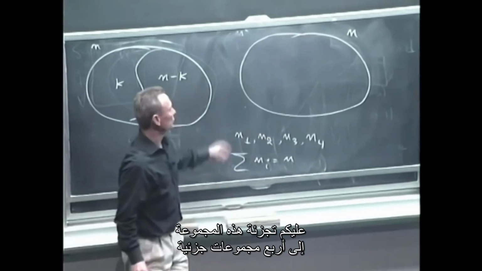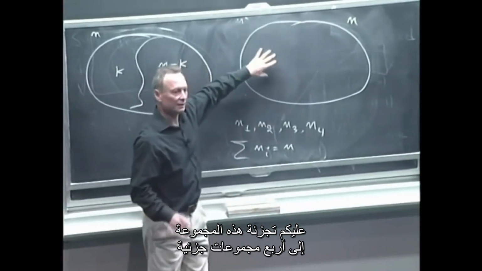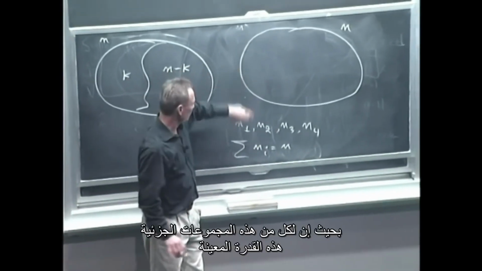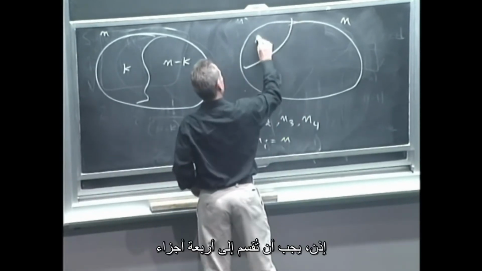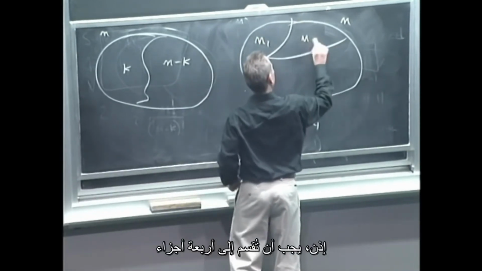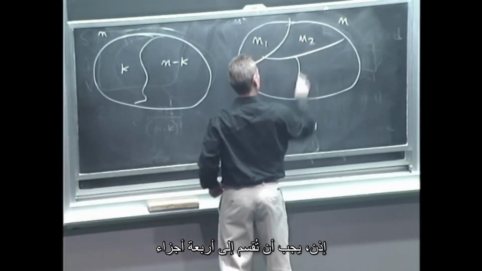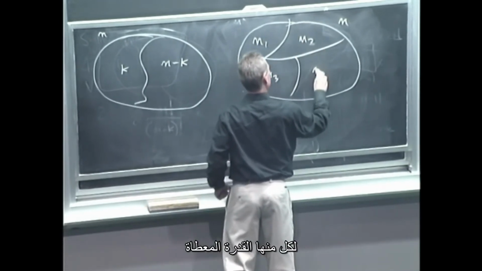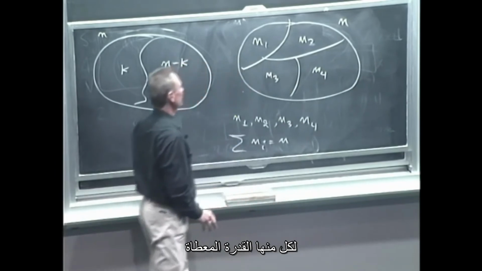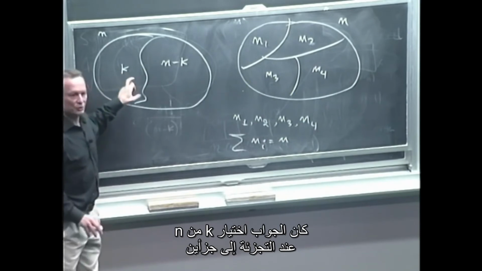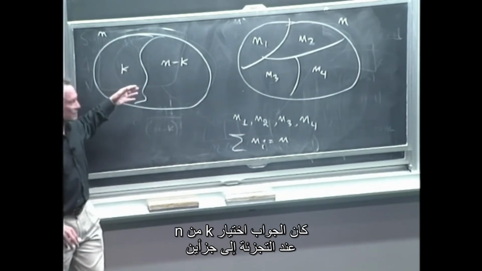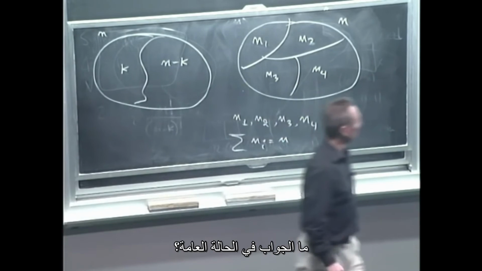And you're asked to partition this set into 4 subsets, where each one of the subsets has this particular cardinality. So you're asking to cut it into 4 pieces, each one having the prescribed cardinality. In how many ways can we do this partitioning? N choose k was the answer when we partition in 2 pieces. What's the answer more generally?